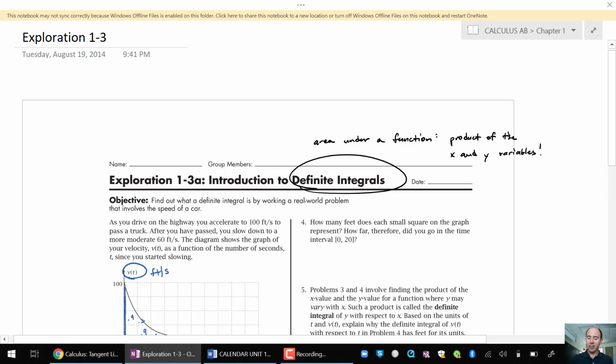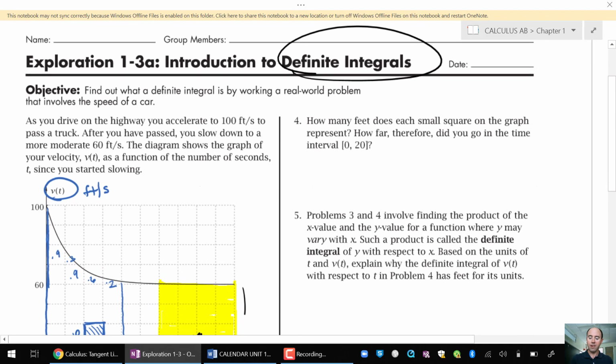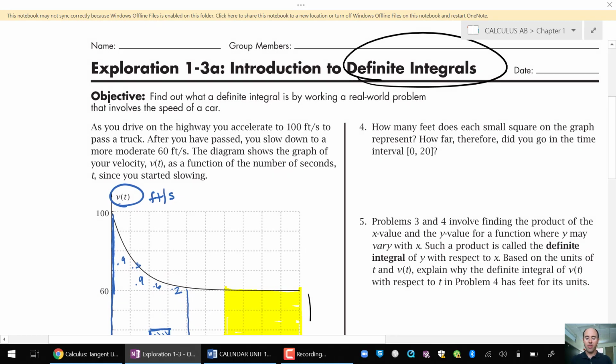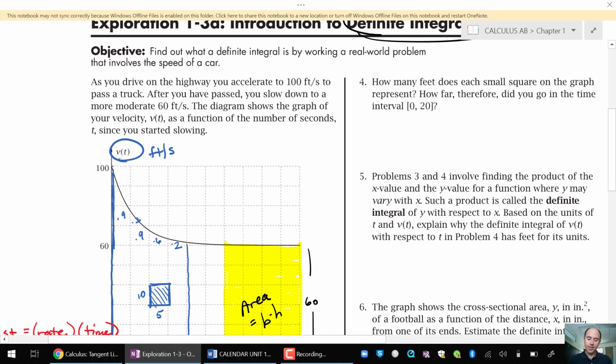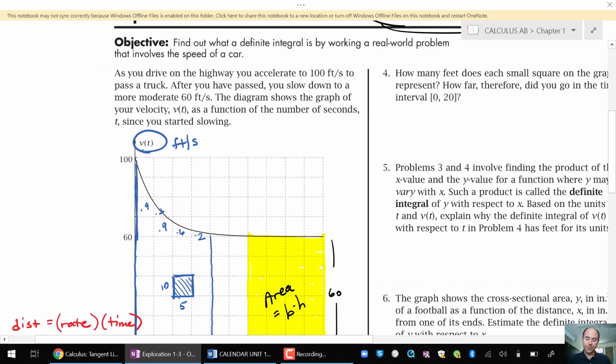So here's an exploration of how we can compute definite integrals and how we can approximate them in real world problems, in this case involving the speed of a car. So we have here a picture of a velocity function in number 1.